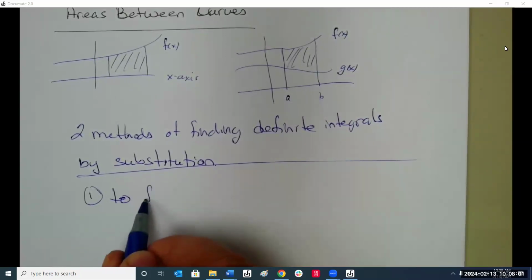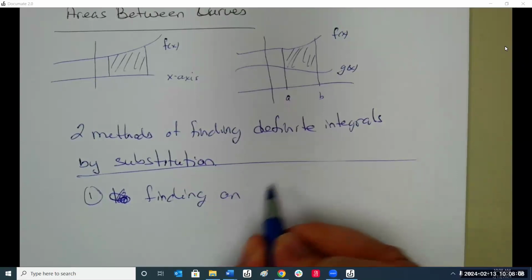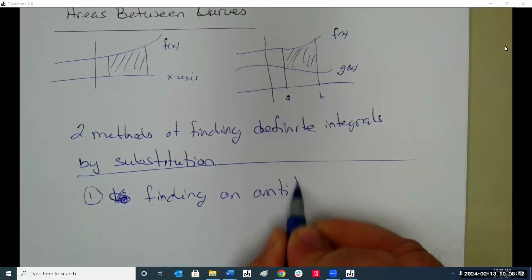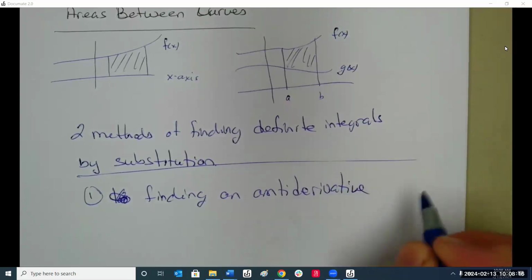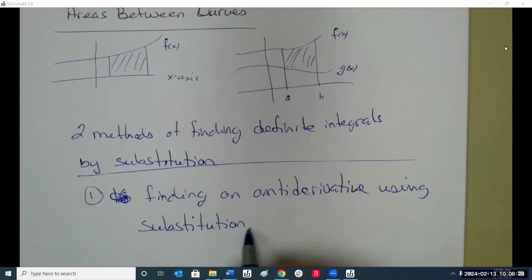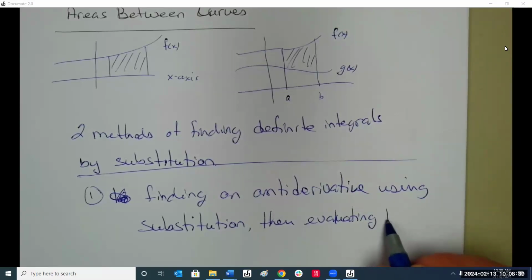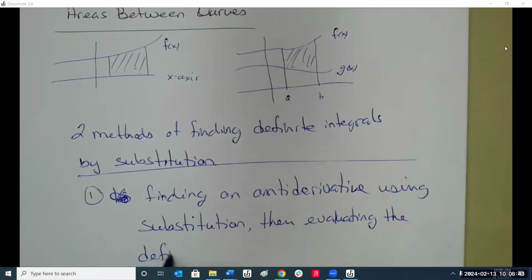First is by finding the antiderivative of the function using substitution, evaluating using the evaluation theorem we did last week.